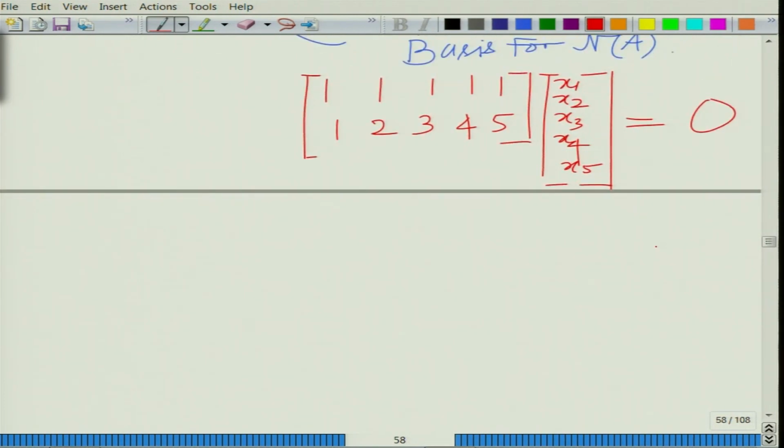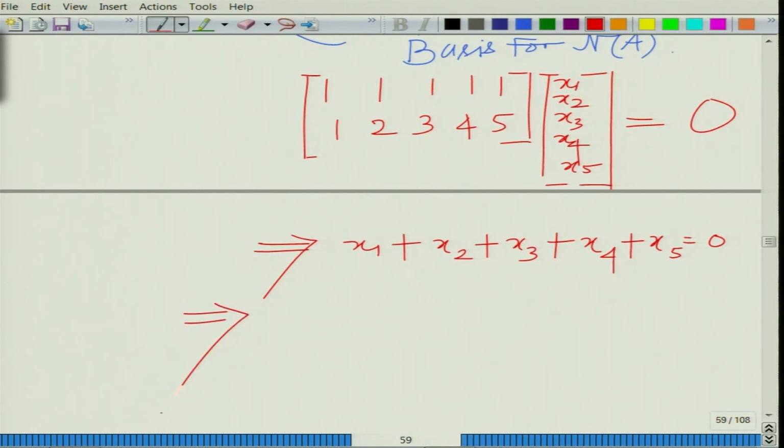Therefore, let us expand the first condition. This implies x1 plus x2 plus x3 plus x4 plus x5 equals 0.